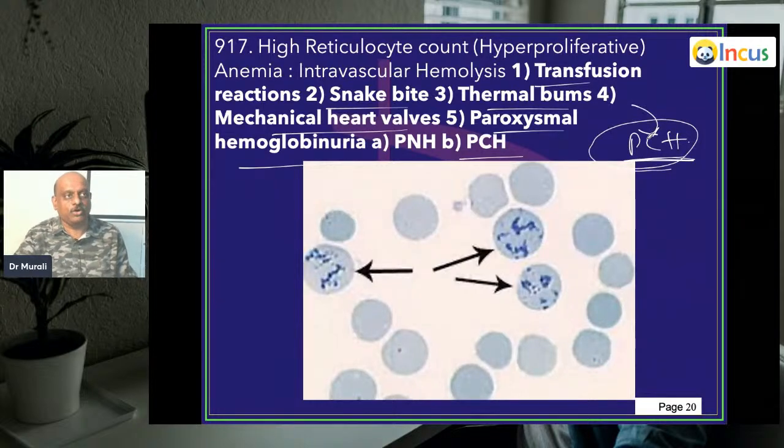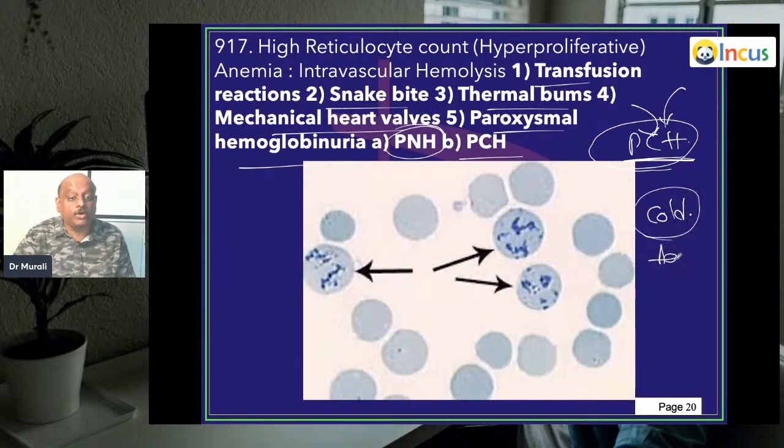Paroxysmal cold hemoglobinuria is different from paroxysmal nocturnal hemoglobinuria. There are some antibodies called cold agglutinins. They will go and attack the RBCs. It is an autoimmune type of hemolysis, PCH.